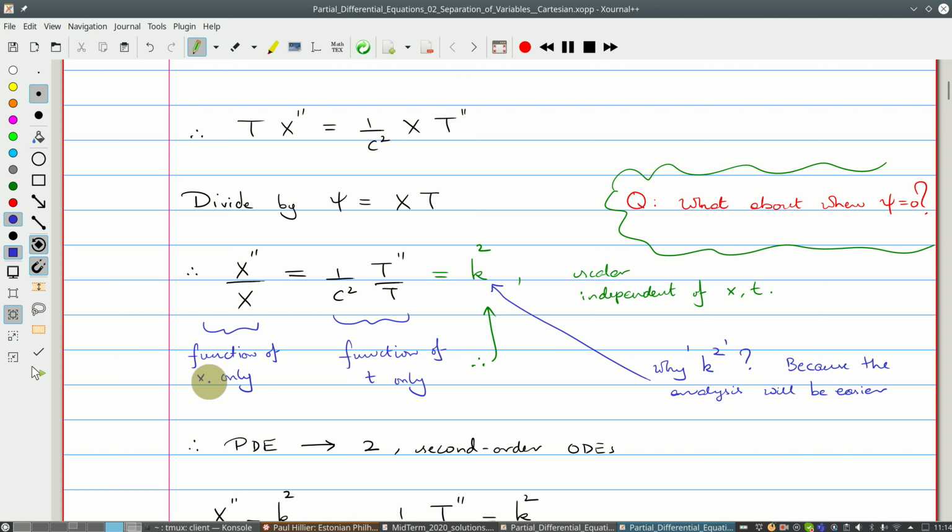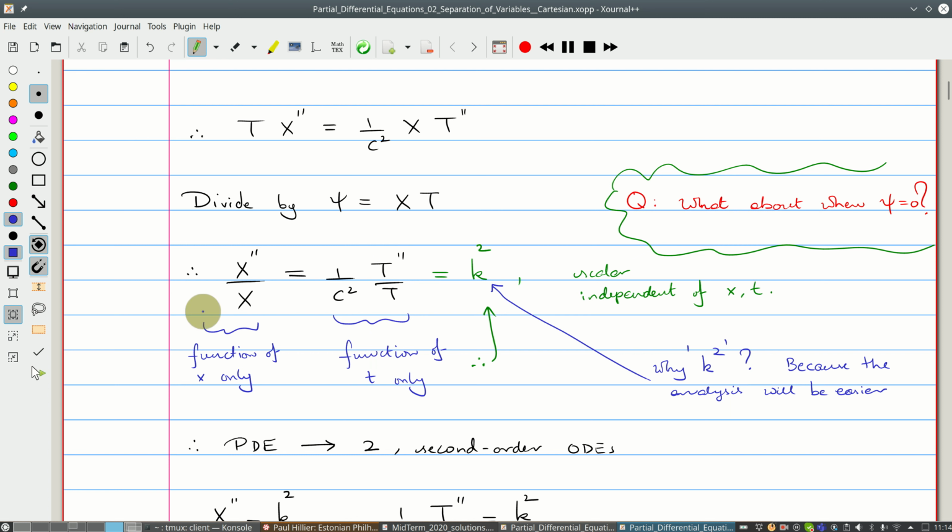This stuff on the left hand side is now a function of little x only, so it's capital X double prime divided by capital X. And on the right hand side we've got stuff which depends on little t only, so it's 1 over c squared times capital T double prime divided by capital T.